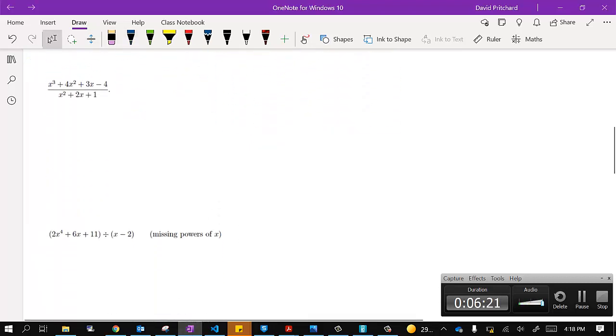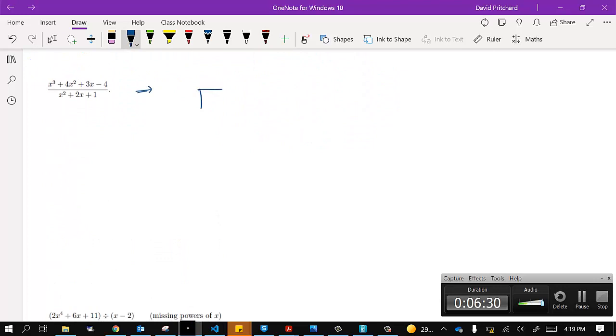So we'll look again. Here we've got the polynomial x cubed plus 4x squared plus 3x take 4, and we're dividing by a quadratic, x squared plus 2x plus 1. It's a little bit painful, but luckily we use leading digit, so it shouldn't be too difficult.